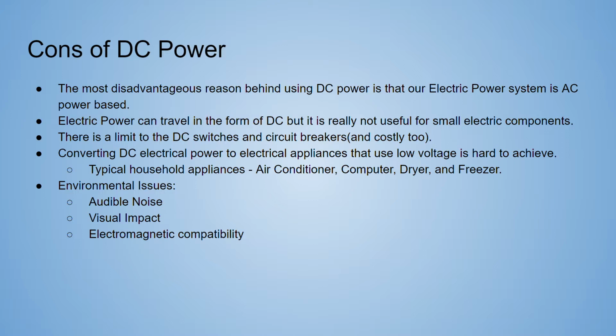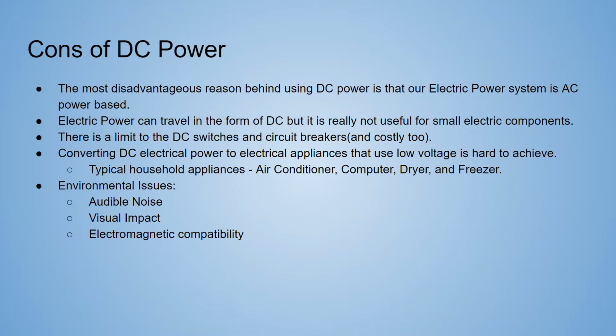Electric power can travel in the form of DC, but it's not really useful for small electronic components. Also, there is a limit to the DC switches and circuit breakers, and one main thing is that it's extremely costly.